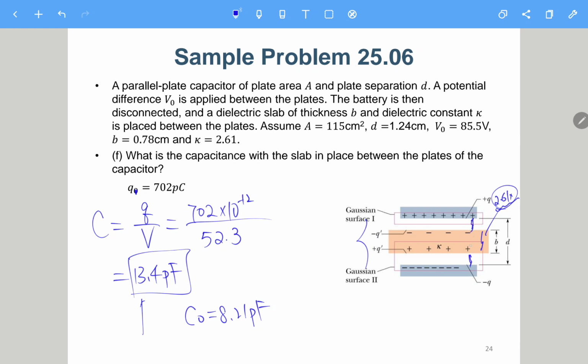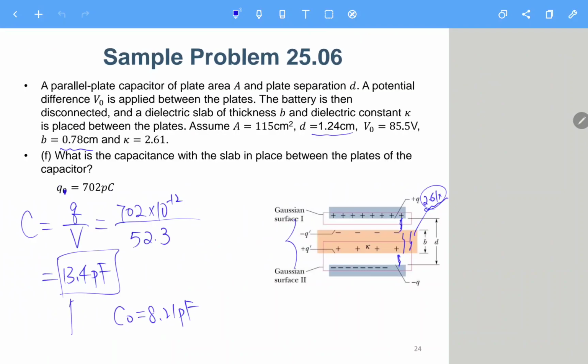The 2.61 times only applies to the thickness B. B is 0.78 and D is 1.24, slightly more than half. So it only increases the capacitance by like 60 or 70%.